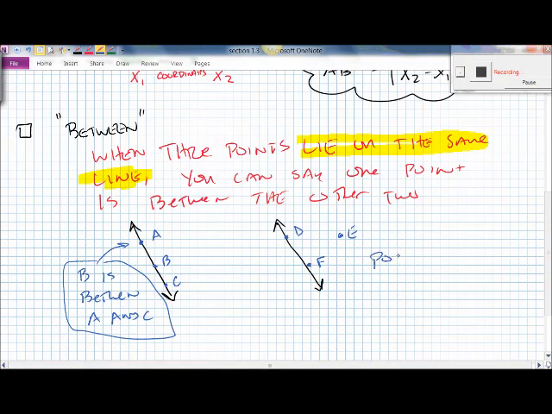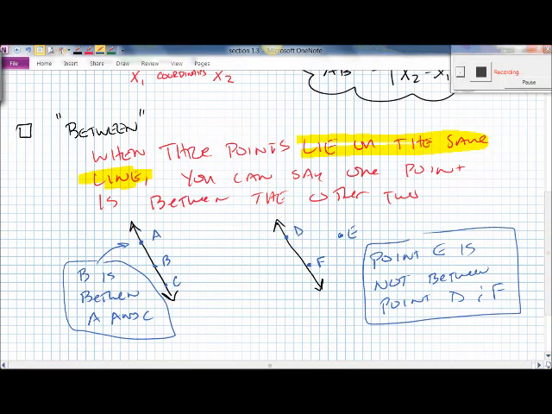Point E is not between point D and F. And how come we can say that, everybody? Because point E is not collinear, it's not on the line. So there's the difference between this first picture of A, B, and C versus D, E, and F. Is everyone okay with that part? This idea of betweenness? So in order for something to be between, it needs to be collinear.